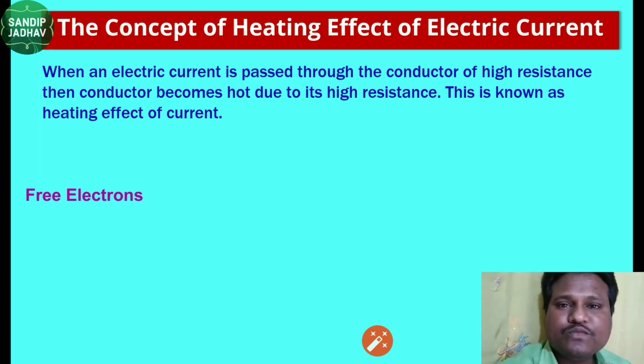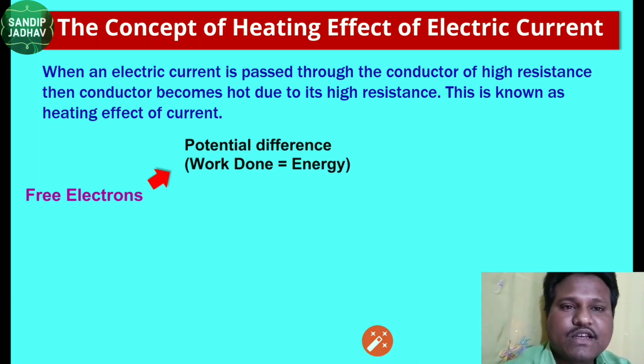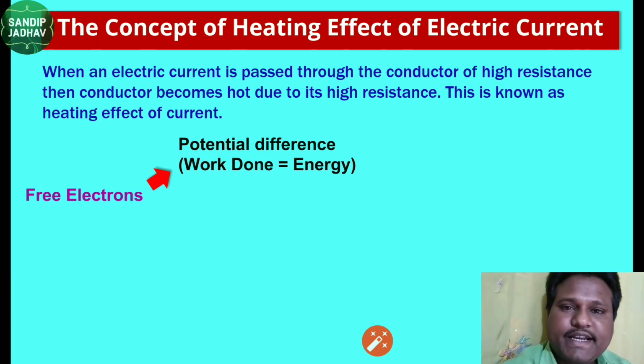So let's see how that conductor becomes very hot. In the previous video we have seen in the basic concept of electric current that free electrons are present in a conductor. These free electrons will be attracted towards the positive terminal of a battery or a cell due to the potential difference.